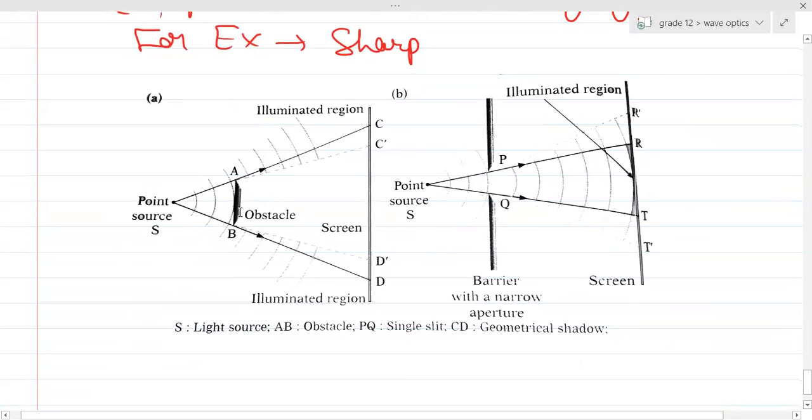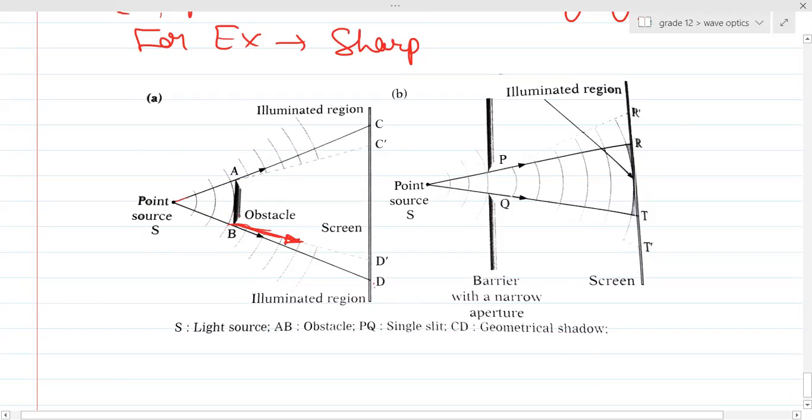So guys, can you see over here? This object had sharp corners. Yes or no, guys? Can you see this A and B is very sharp, right? The point source, can you see the point source? This is the straight line going from P to C. This is a straight line going from P to D. But can you see what happened to the light? In spite of going straight, it bent into the shadow region.